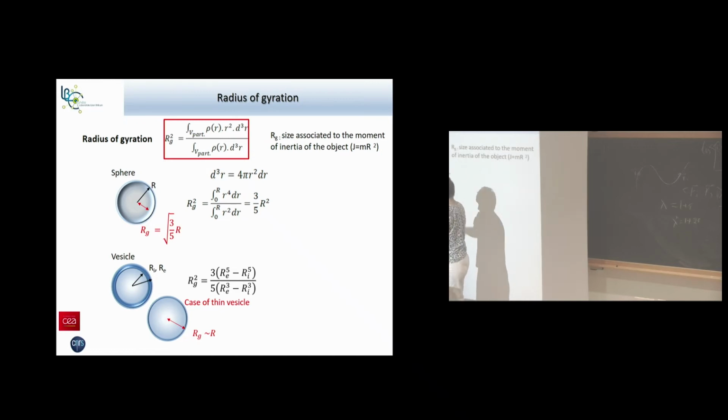So you can play again with this integral and find that the radius of gyration depends on the external radius minus the inner radius, etc. And in the case of a very thin vesicle, because all the material is at the radius of the shell, Rg is equal to R. So by measuring the radius of gyration, you may access the size, depending on your system.